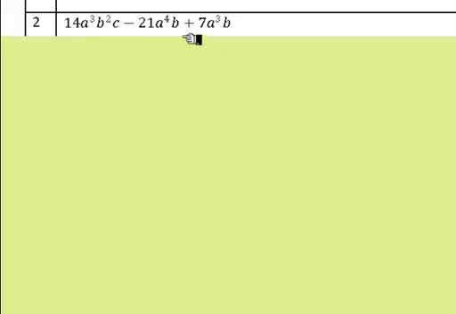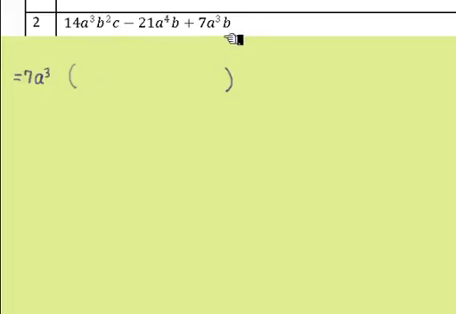In number 2, we have 3 terms, and we see we do have common factors. 7 divides all 3 coefficients, and so we'll start by pulling that out. 7 is the largest number that divides all 3 coefficients. Okay, we have an a cubed, an a to the fourth, and an a cubed, so the largest power in all 3, that would be a cubed.